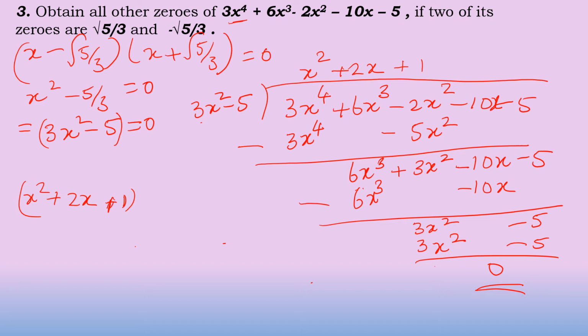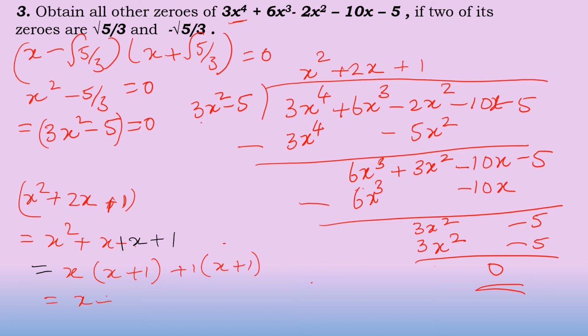So now let us factorize this. This can be written as x square plus x plus x plus 1, which is equal to x into x plus 1 plus 1 into x plus 1, which is equal to x plus 1 into x plus 1 is equal to 0.